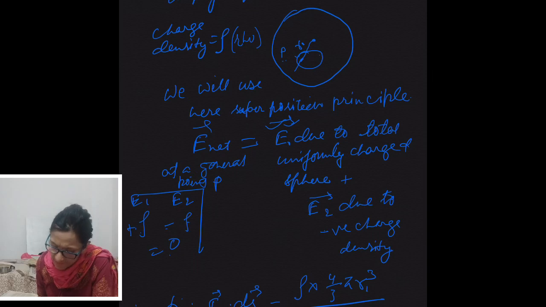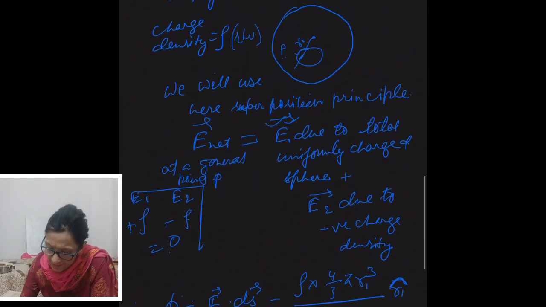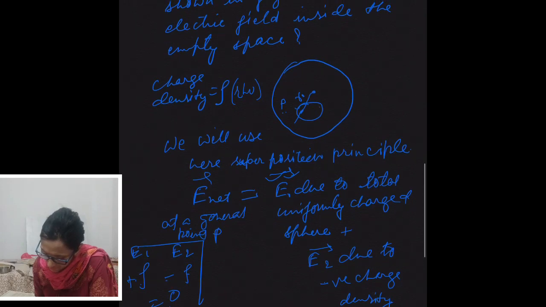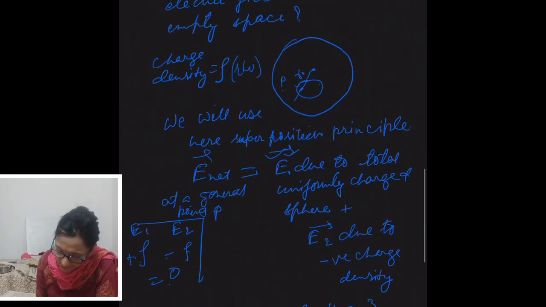Charge enclosed means charge per unit volume into the given volume, which is 4 by 3 pi R1 cube, in the direction of R1 cap.